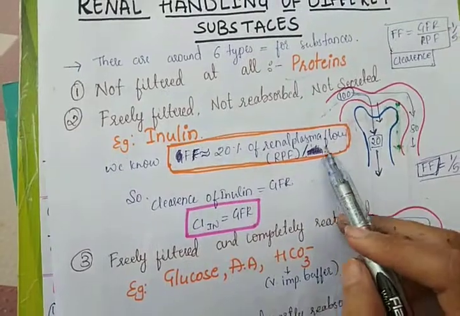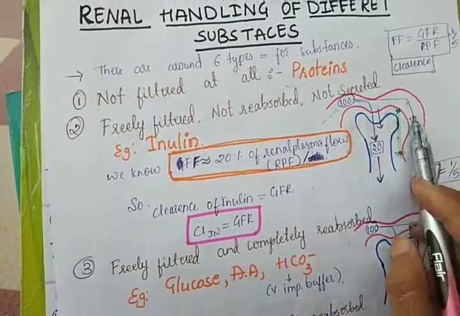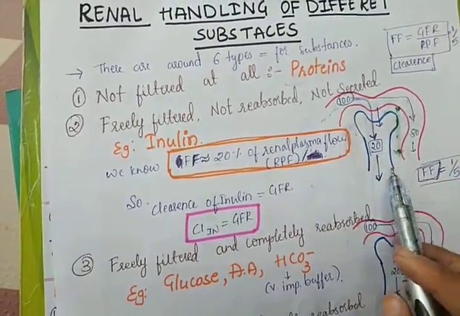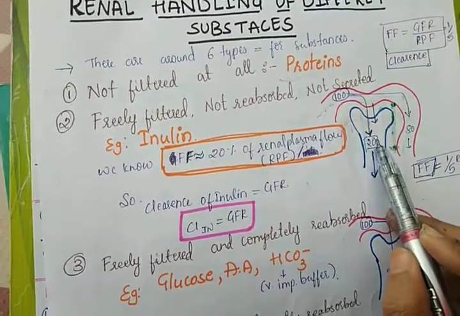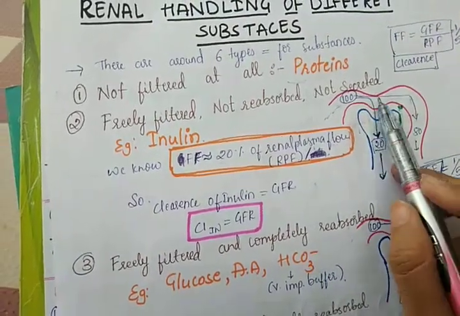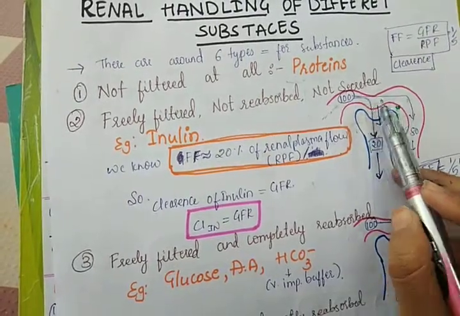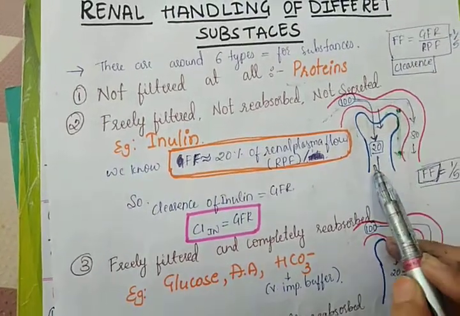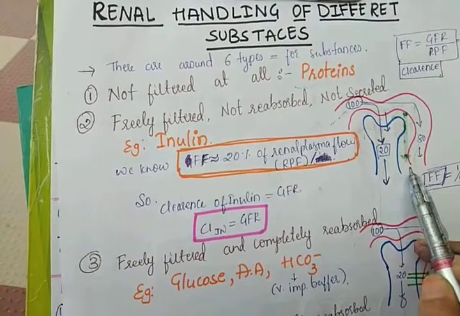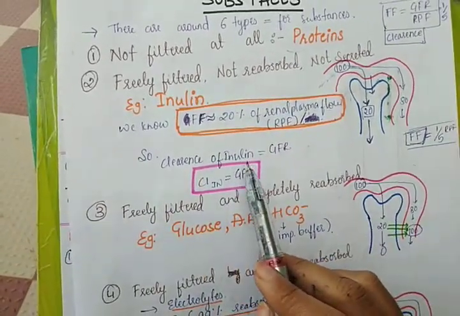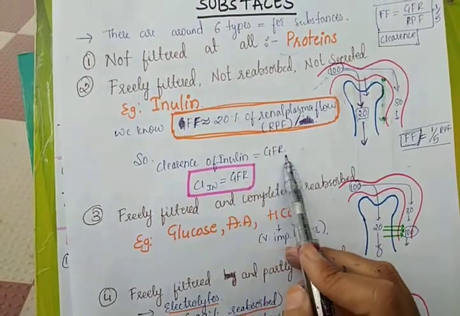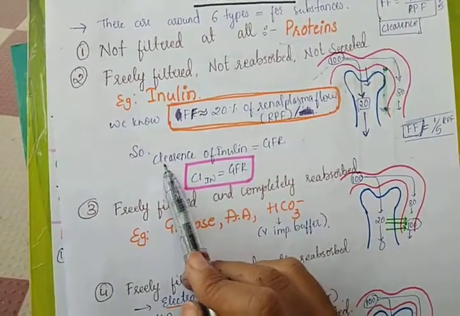Now we can see it is similar to the filtration fraction, that is 20% of it is filtering through the glomerular filtration membrane and 80% is remaining and not even reabsorbed or secreted. So we can take the clearance of inulin as equal to GFR. Now what is clearance here?